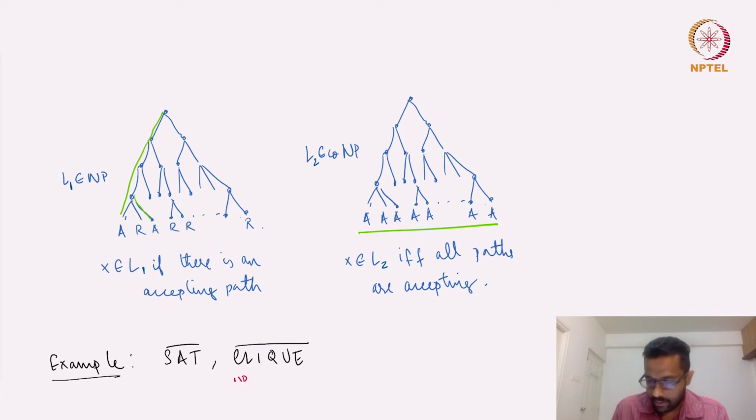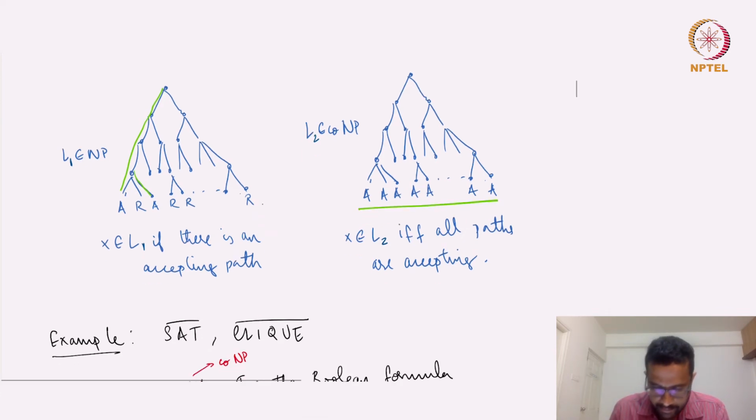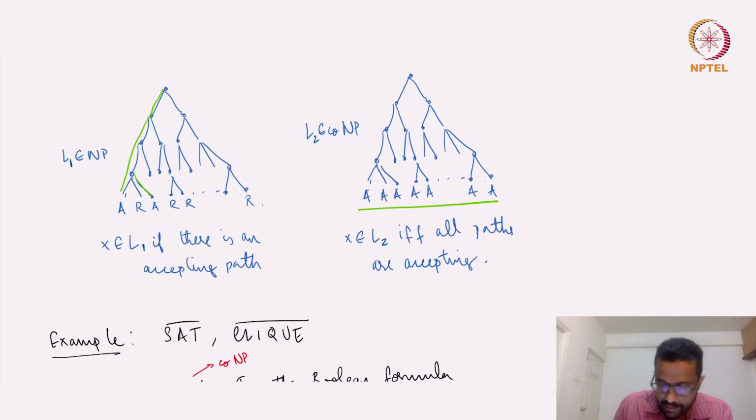So you can see why a language is in co-NP and its complement will be in NP. If you take the complement, it will not be all accepts, which means it will have at least one reject. So L2 is in co-NP; the complement of L2 means that it cannot be all accept.